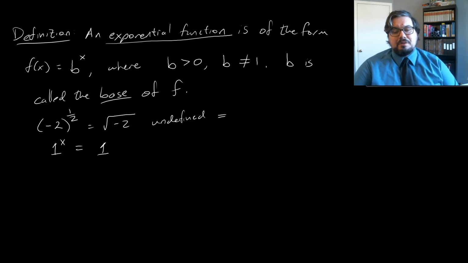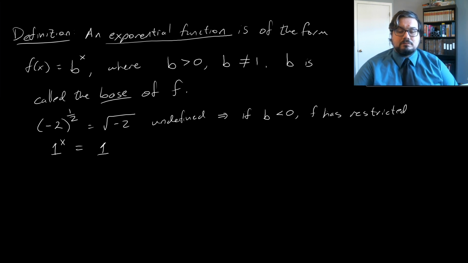So the point is that if b is negative, then f has a restricted domain. However, it's not as simple as just saying that the domain of f is only positive numbers or something like this. It's actually quite weird and complicated, and we're just going to eliminate that possibility entirely.